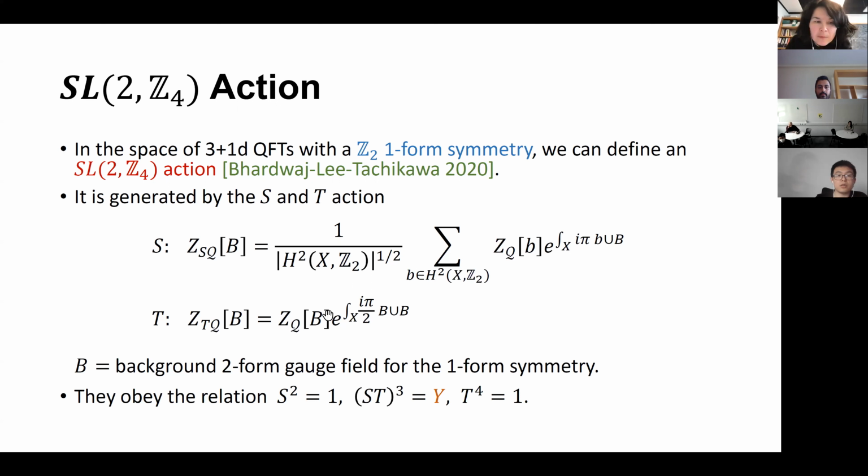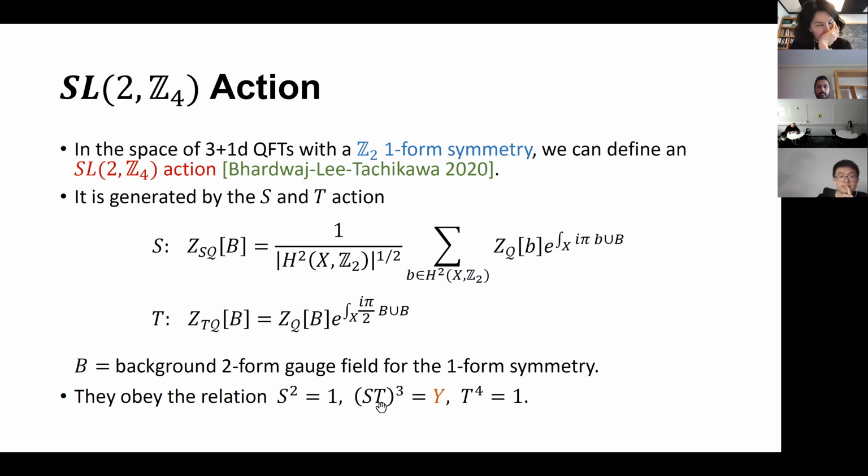And the T operation is the operation where we stack on top of the original theory another invertible field theory, which depends on the background two-form gauge field for the one-form symmetry. This invertible field theory can be thought of as a Z2 one-form SPT protected by this Z2 one-form symmetry. And these S and T operations obey the following relations. If we do the S operation twice, we just get back to the original theory. This statement is nothing but that if we gauge the Z2 quantum one-form symmetry, we recover the original theory.